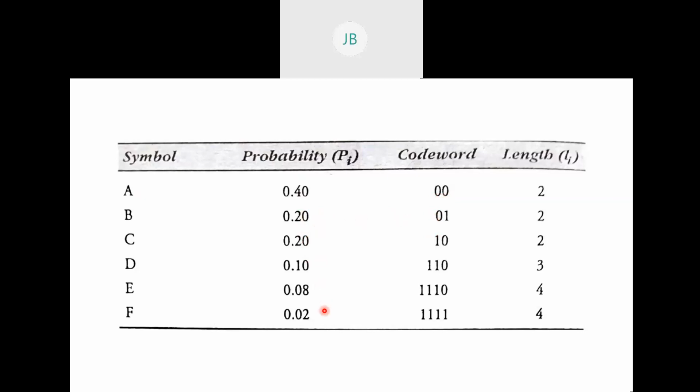But in general, the code word which is largest is assigned to the symbol whose probability is smallest. The least occurring symbol F is given the highest sized code word.